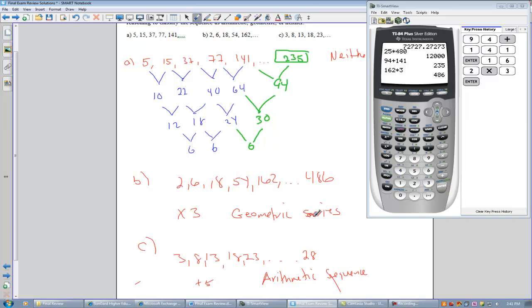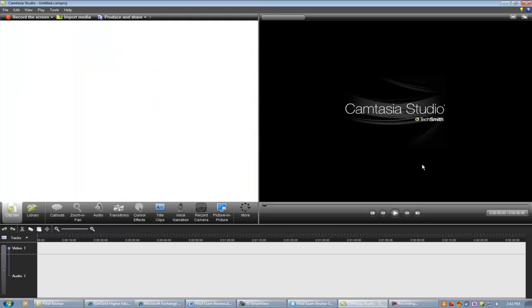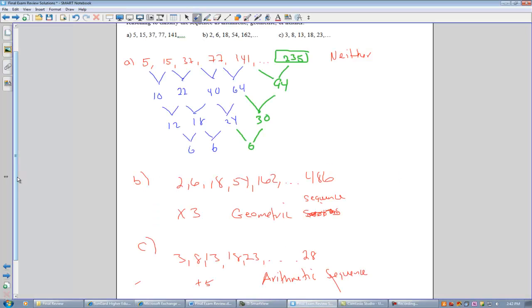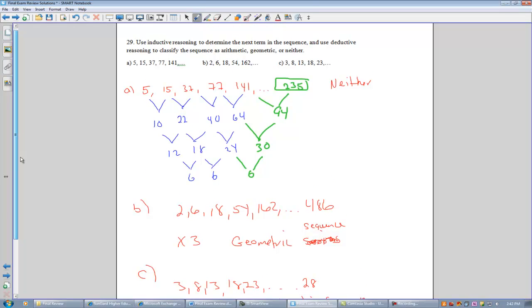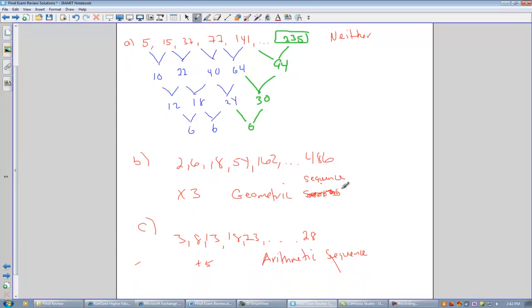That's wrong. There's something else in mathematics called a series. This is a sequence, not a series. All right. So these should be sequences. So this is a geometric sequence, and this is an arithmetic sequence, not a series. So forget I said series. That's something else.